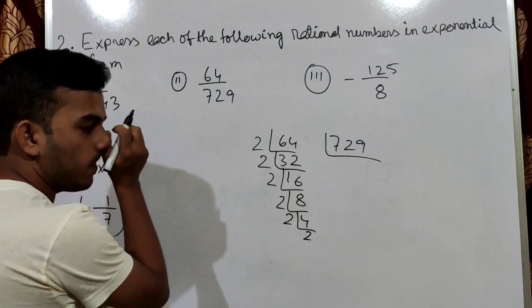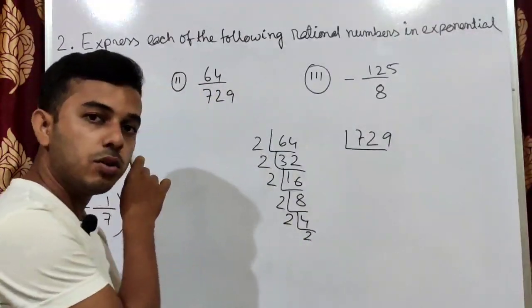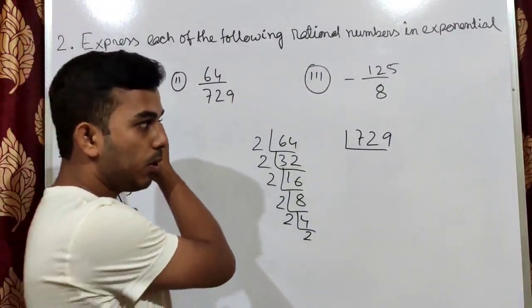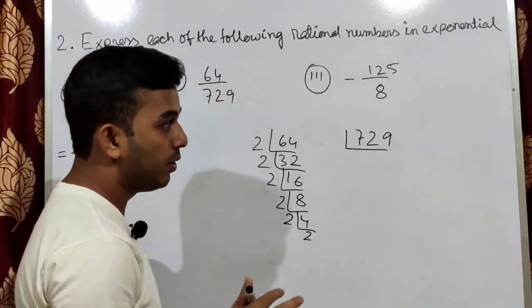Clear? Okay. So next one is this 729. It is not divisible by 2 because its unit place is an odd number, right? So it will be divisible by 3. Yes.